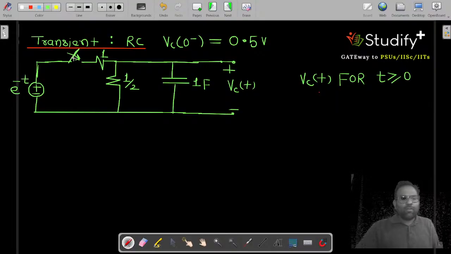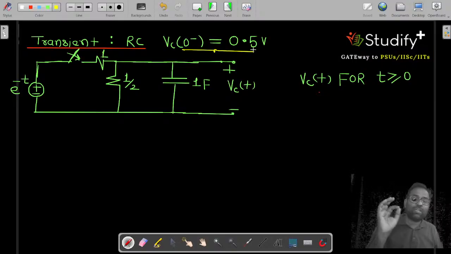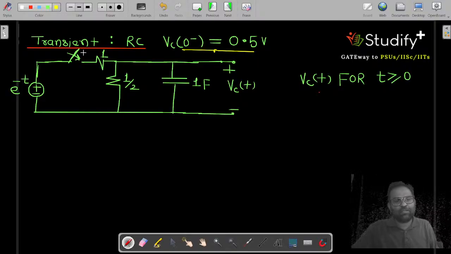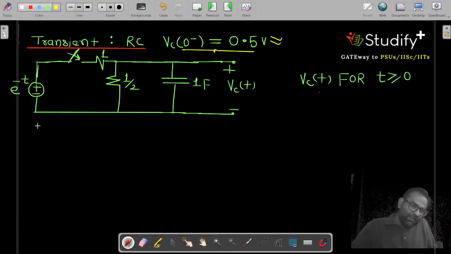So can I say, because we are having only one energy storing element in the circuit, and the stored voltage across that element is given, we don't need to analyze the circuit for t less than 0, because all the other components are instantaneous components, only one component is an energy storing element, and the condition for the energy storing element is given. So directly we will analyze the circuit for t greater than 0.